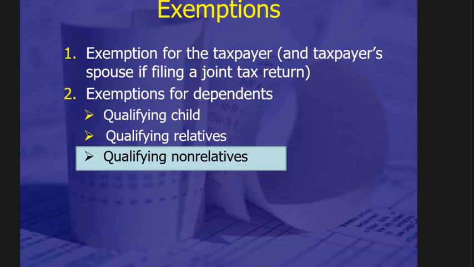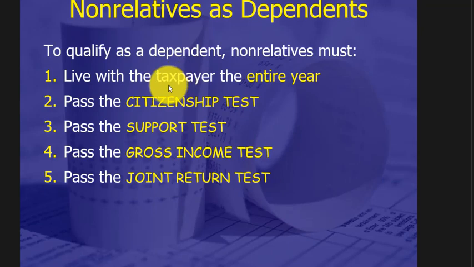Qualifying non-relatives. If they're not a relative and not a qualifying child, they may still be a dependent if they live with the taxpayer the entire year. You have some leeway on how much time they spend with you if it's a qualifying child or relative, but not if it's a non-relative.